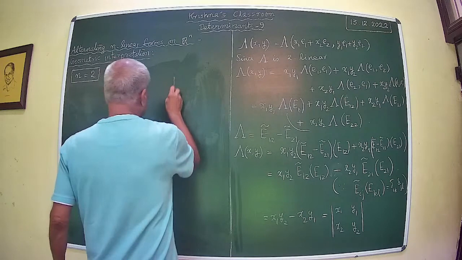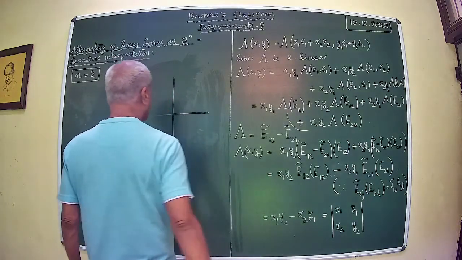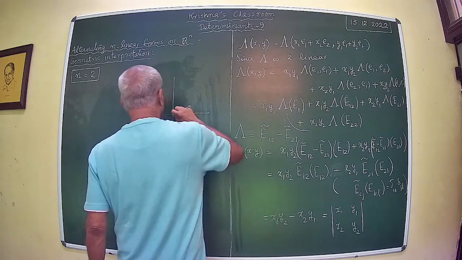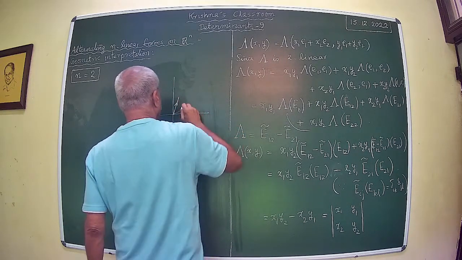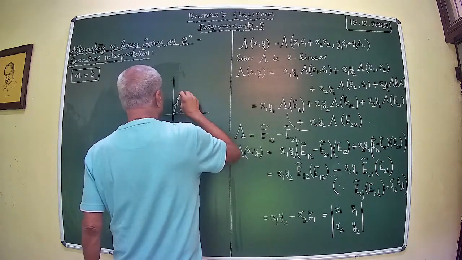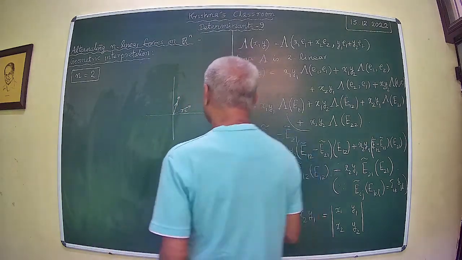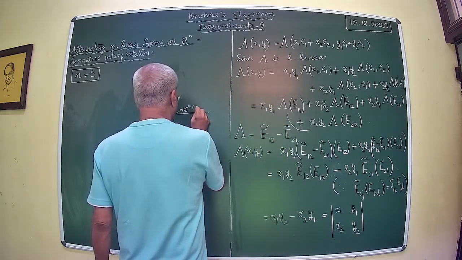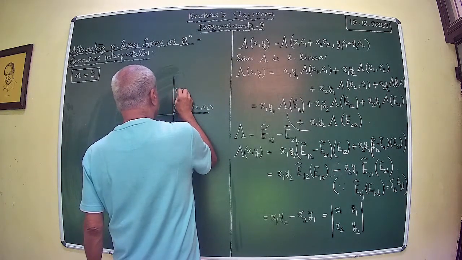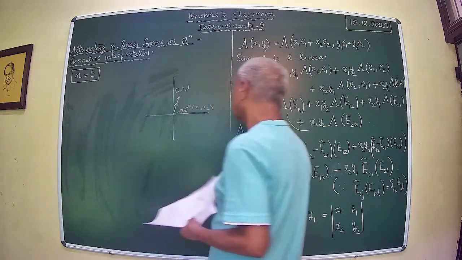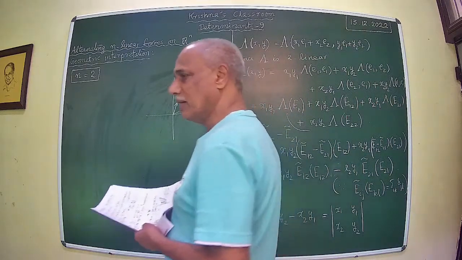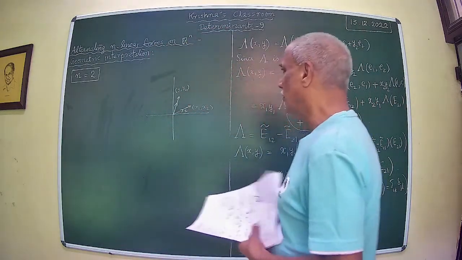Now suppose you take, in R2, suppose x is a vector, y is a vector, not necessarily in the first quadrant. I am just, for convenience, drawing it in the first quadrant. Okay. Now these points are x1, x2. This point is y1, y2. That is why you have x1 e1 plus x2 e2, y1 e1 plus y2 e2, where e1 and e2 are the unit vectors which form a basis for R2.